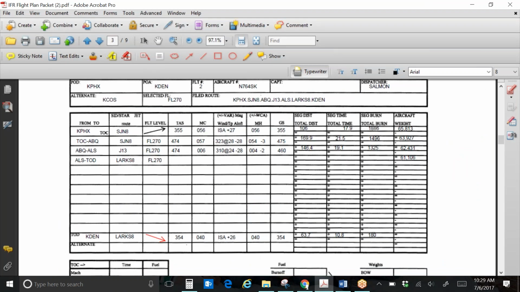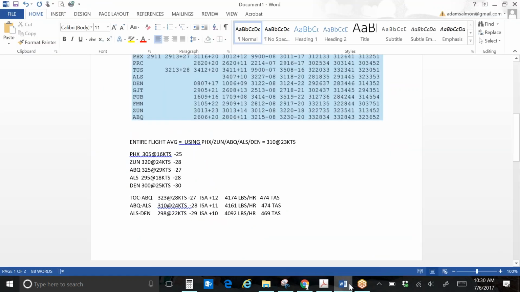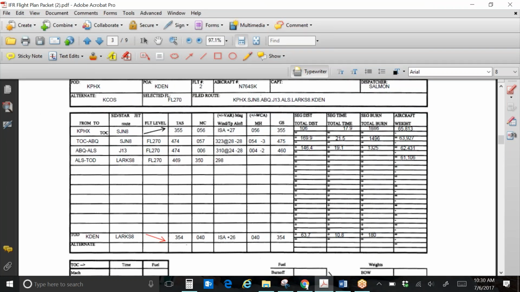So I'm coming back into here. My true airspeed is 469. Magnetic course I want is 350. That wind was 298 at 22. And it's negative 29.